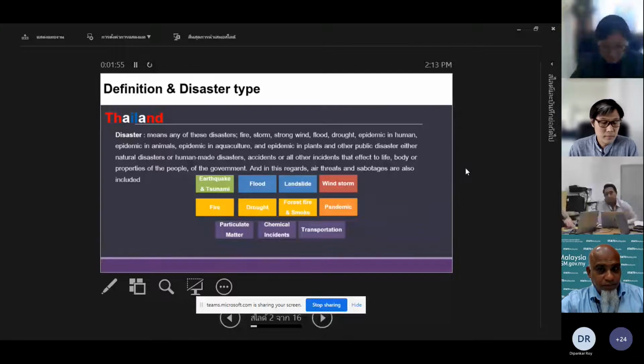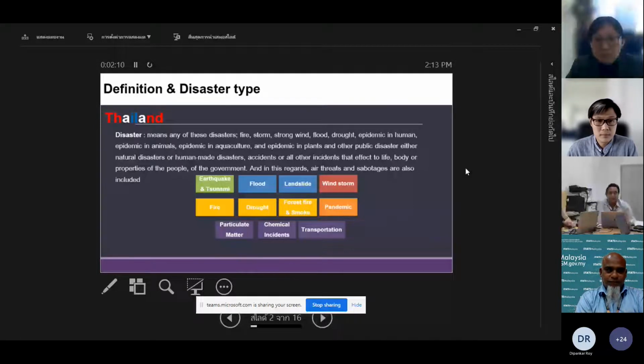The provincial disaster prevention and mitigation agency will compile a summary of the report, which consists of area, location, the incident, date, time, cause, situation of the latest incident, damage, requests for help, and the latest operations.